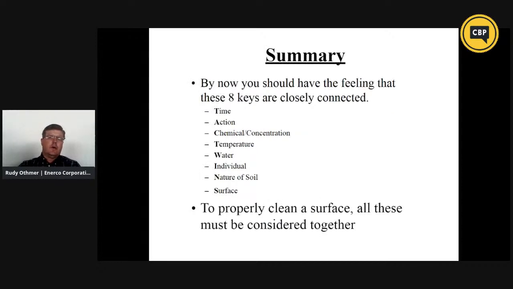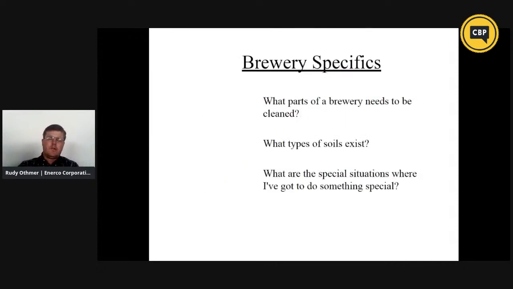So TACT WINS: time, action, chemical, temperature, the water, individual doing the cleaning, the nature of the soil, and the surface. So we've got to put those all together into a cleaning system for each part of, in this case, our brewery.